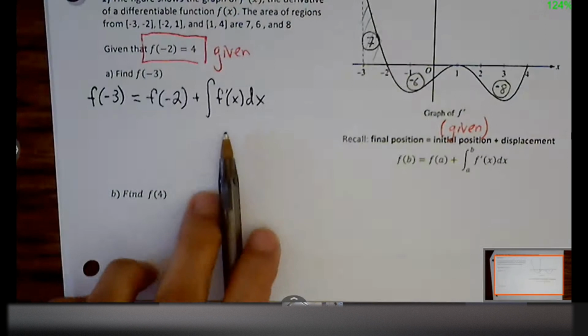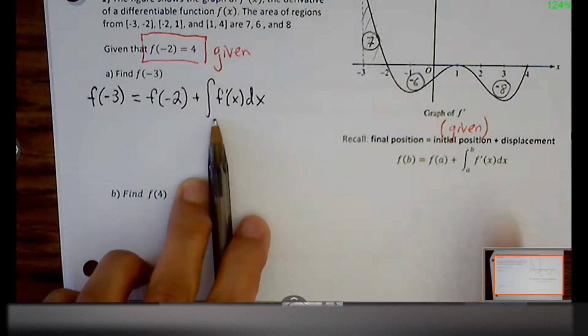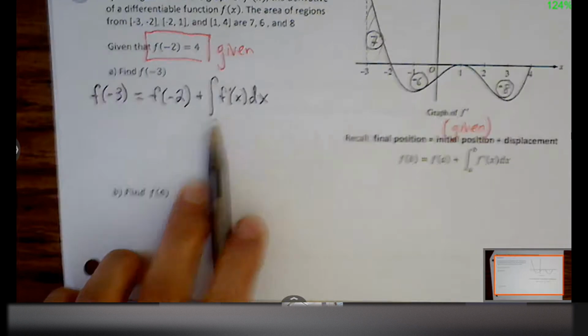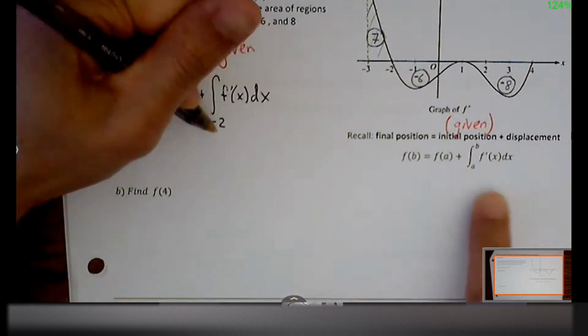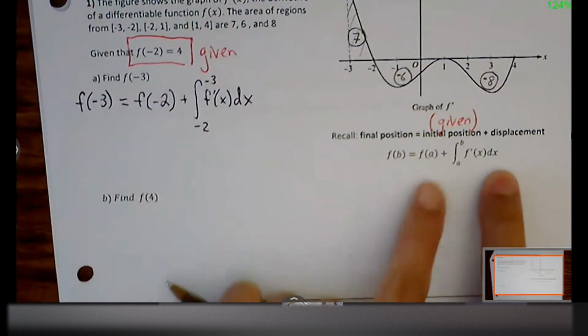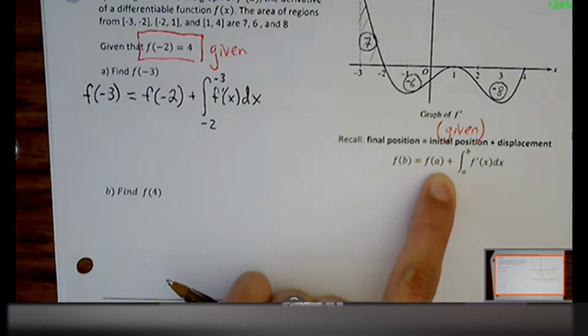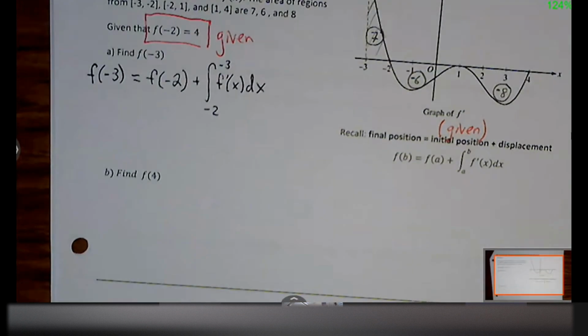Now let me ask you this. If I follow the rule, what's my lower bound going to be initially? -2. We're going from -2 to -3. I know it's backwards, but initially, just follow whatever the rule says. Okay. If we need to make adjustments, we'll make adjustments at the next step.